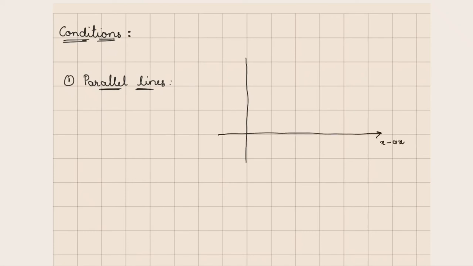This is the x-axis, this is the y-axis. Let's say two lines L1 and L2 which are parallel. Let's say this is L1, and this is L2. These two are parallel. Let's say this is theta 1, the inclination of line L1, and this is theta 2, the inclination of line L2.